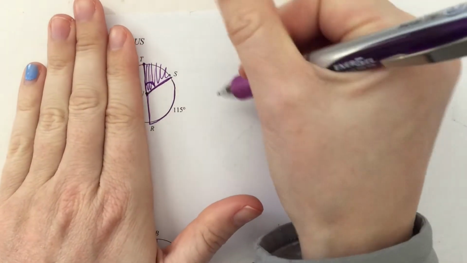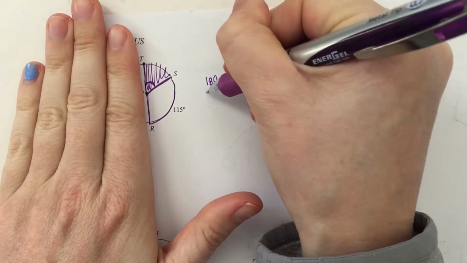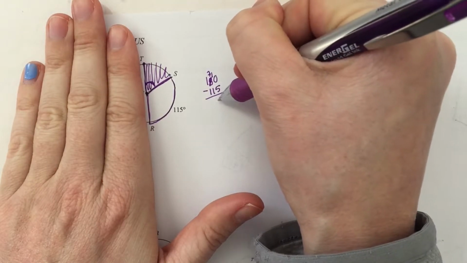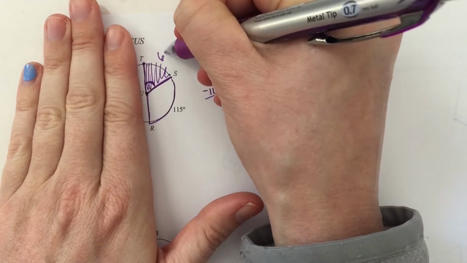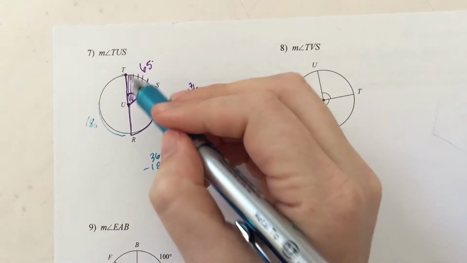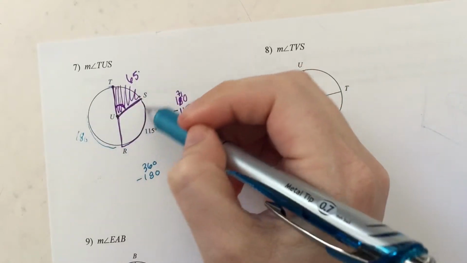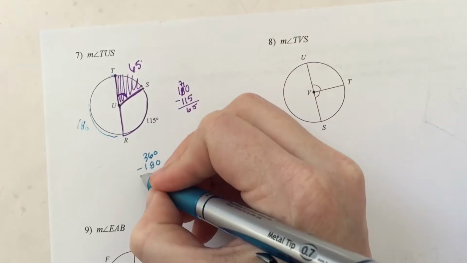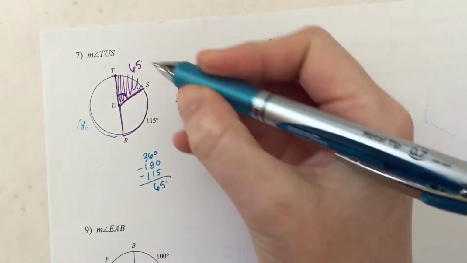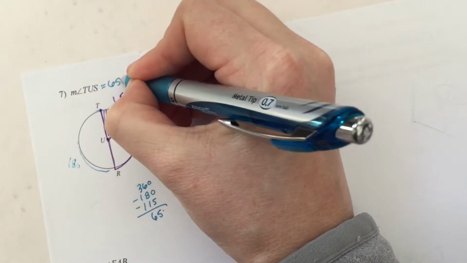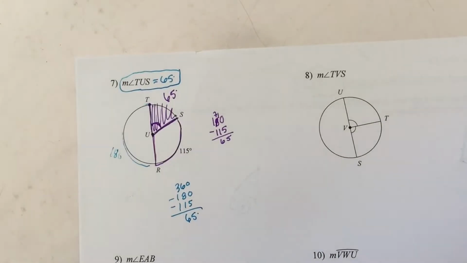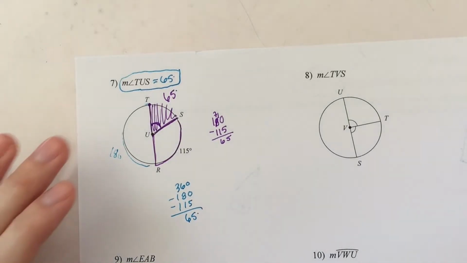You could do half a circle, 180 minus 115, and you get 65 degrees. So you could do full circle 360 minus 180 minus 115, and you would still end up getting 65 degrees for the missing angle. So you can pick how you prefer to solve for it.